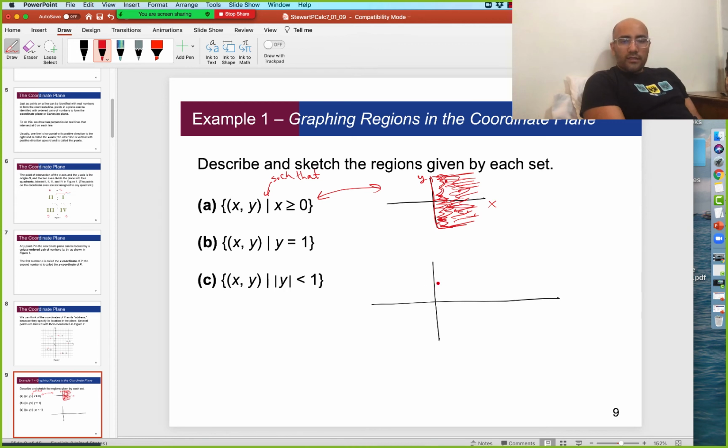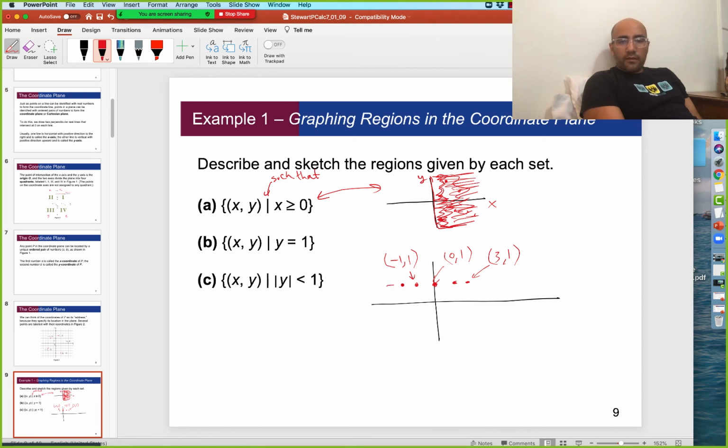The y is in this direction, so y being 1 is like there. For example, the point (0, 1) would satisfy this. The x doesn't have any restrictions, so negative is also okay. (-1, 1) would also be okay, or say (3, 1). So anything as long as the second value, the y, is 1.